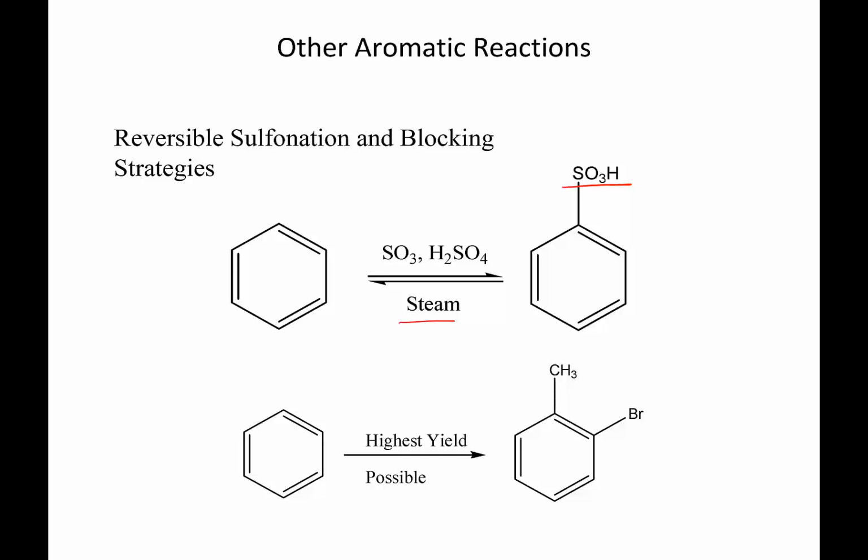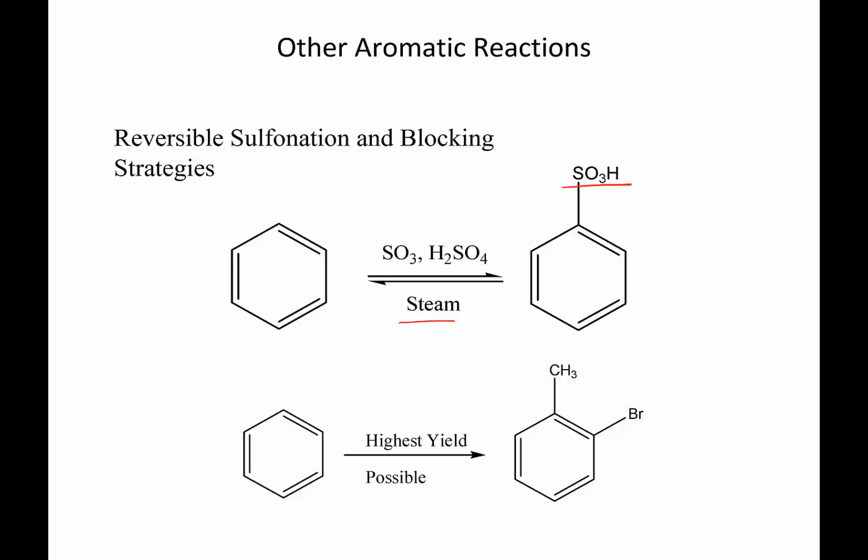So if I take that product and pass steam over it, it will take the SO3H group off, and it will basically just put the H back on. So SO3H groups are removable, and so we can use them in blocking strategies.